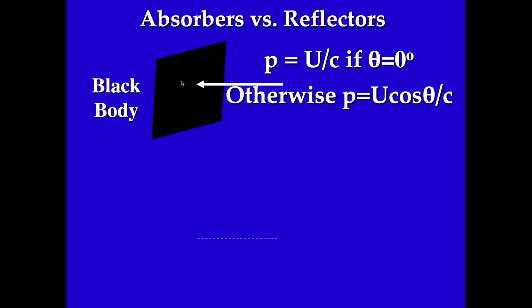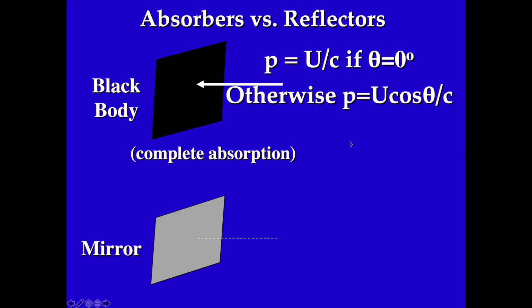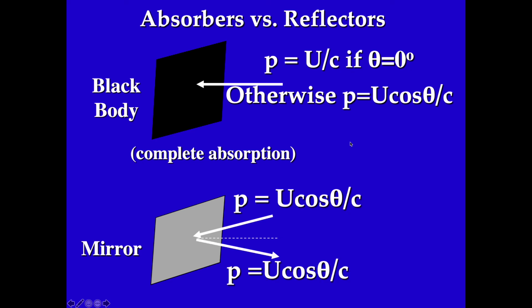If a wave hits perpendicularly to a black body, the energy absorbed is U, and the momentum transferred is U over c. If the energy is reflected, then the total momentum that's transferred is 2U over c, but if it's at an angle, then it's 2U cosine theta over c.